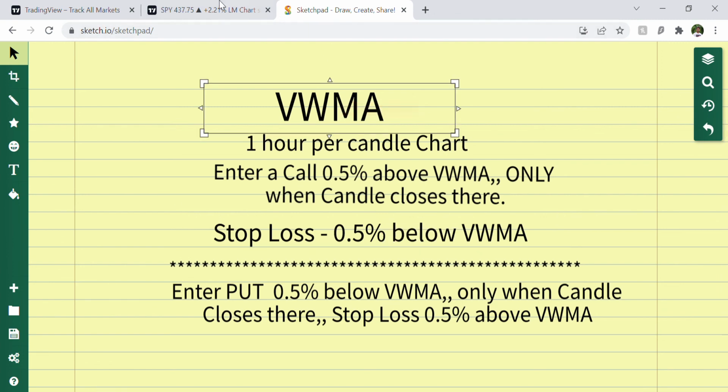Now see this, you don't have to be very exact, you don't need to use calculators and all, just very general math. So this SPY, as you can see, this is a $437 stock. So if you go by 0.5%, it will be like around $2.10 or $2.15. Okay, so let's round it off to $2.